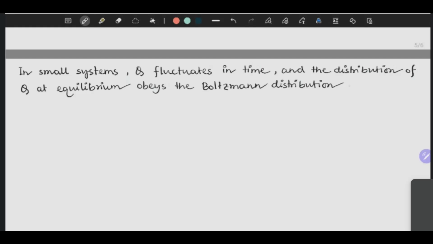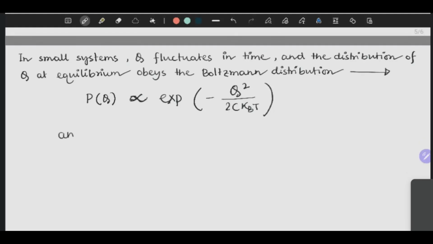What is that Boltzmann distribution? P of Q is proportional to exponential of minus Q square by 2C kBT. Why? Because Q square by 2C is the potential energy, right? And the mean of Q square should be capacitance times kBT.